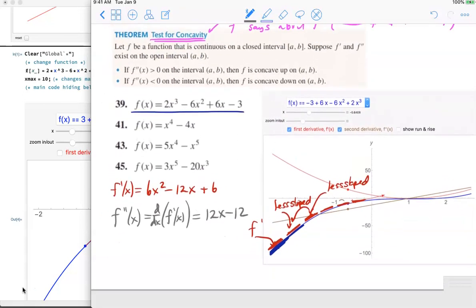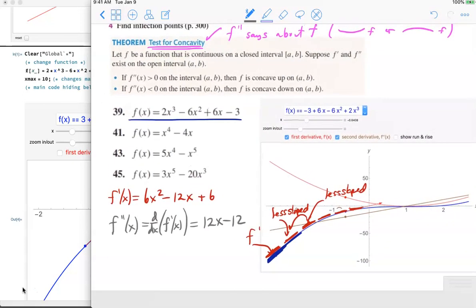So what we're seeing here is that we're going to create different sign lines. Let's figure out where f double prime of x is equal to 0.